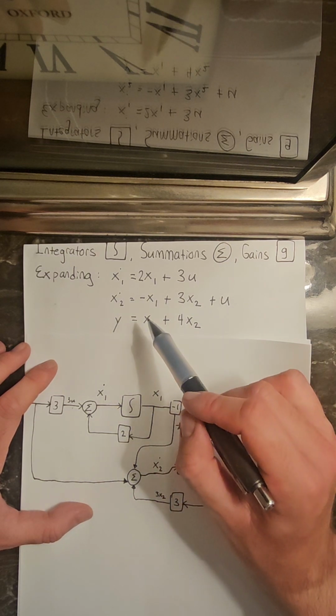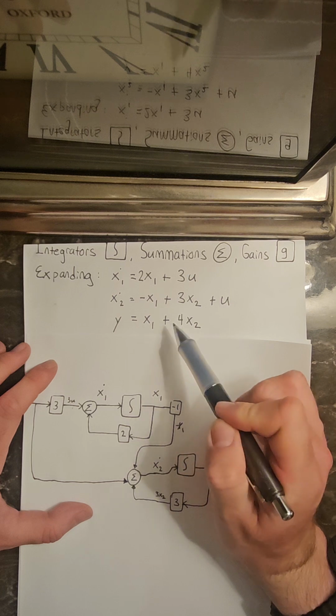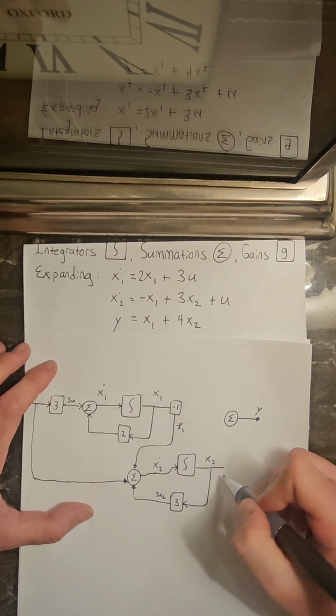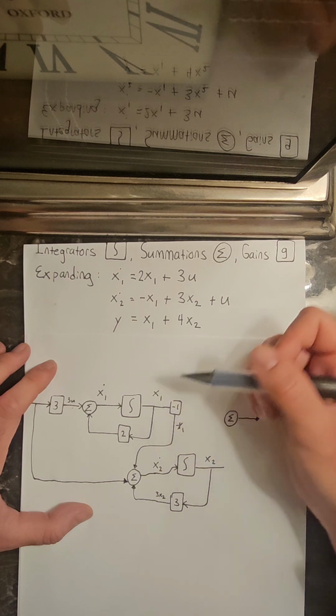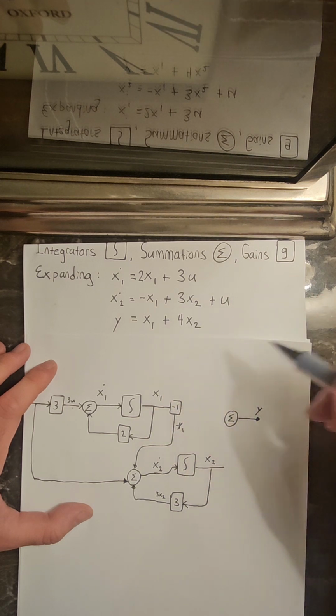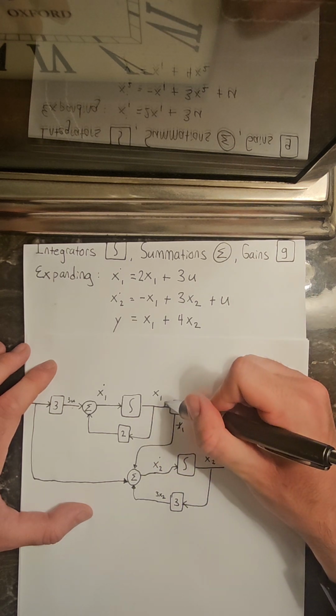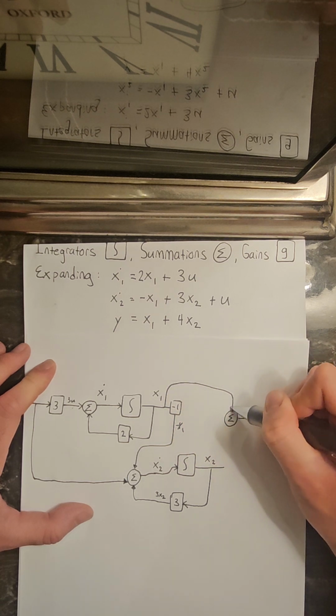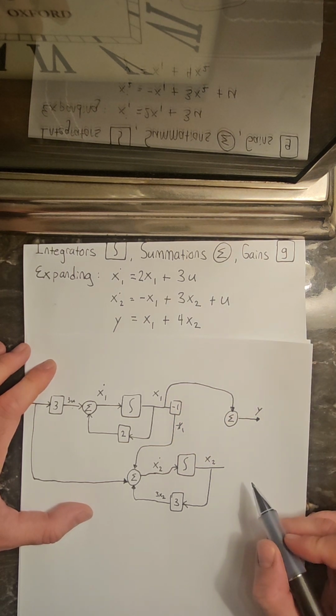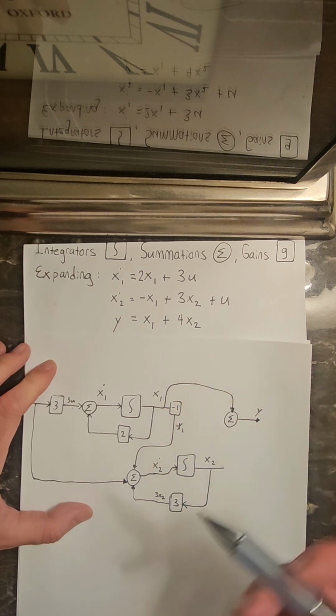So y is the sum of x1 plus 4 times x2. So we're obviously going to be passing x1 into this, so we can just draw a line directly from x1 and pass it in right there, and then plus 4 times x2.